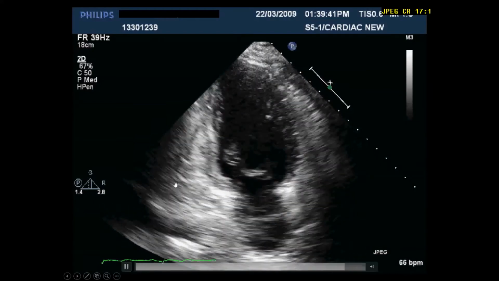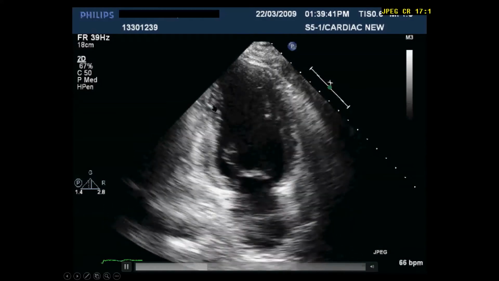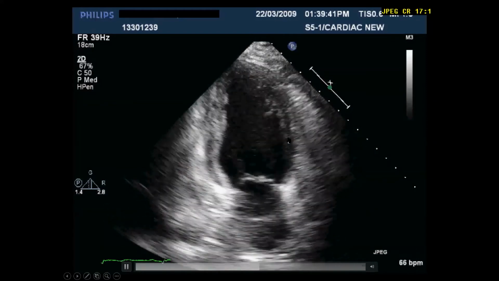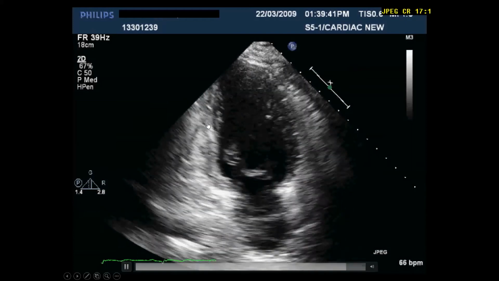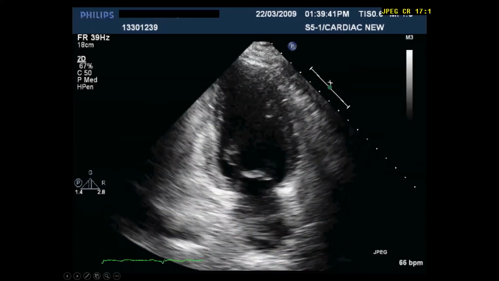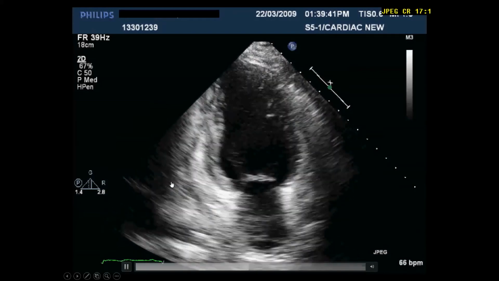Is it contracting? No, it's not contracting. Because if you focus more, it's just moving passively, but there is no actual thickening like in the anterior wall. So this is akinetic inferior wall. Okay, so this belongs to the RCA territory.